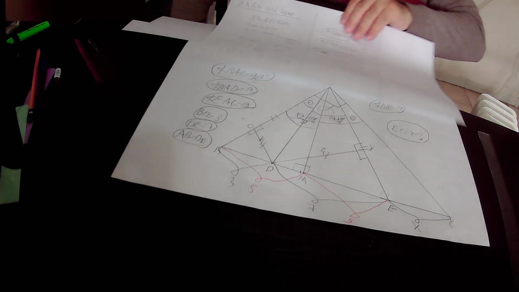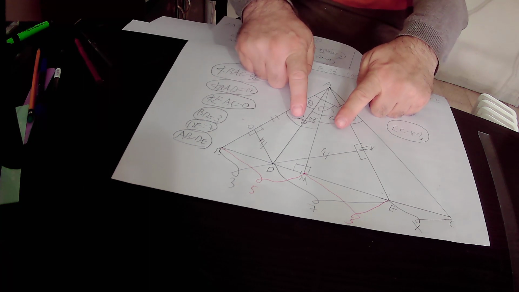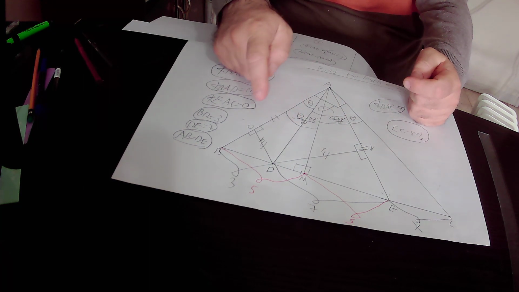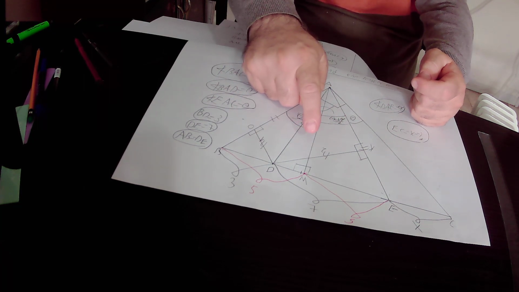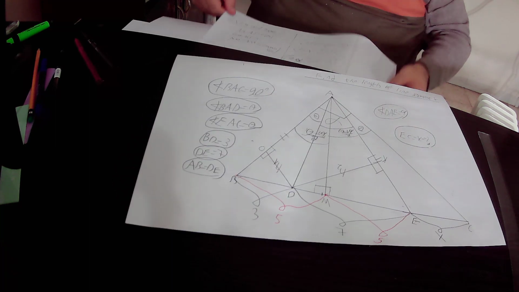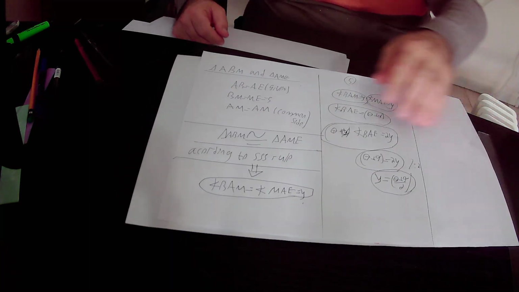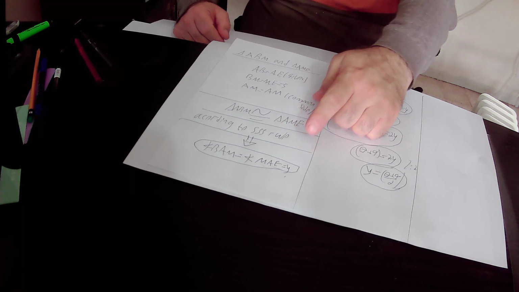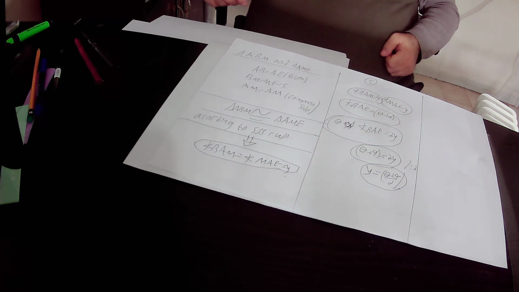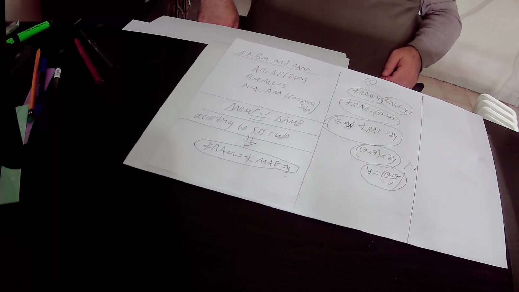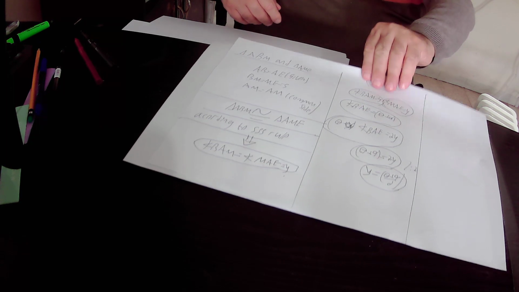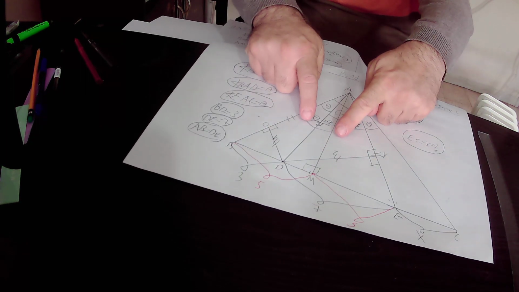And from the fact that those two triangles can go into each other, we conclude that angle BAM is equal to angle MAE, according to the rule that corresponding angles in triangles that can go into each other are equal.